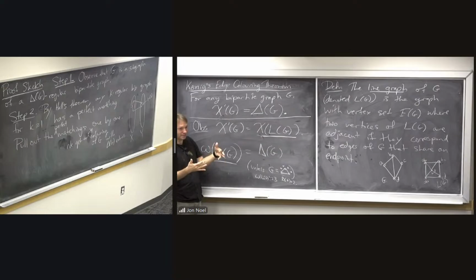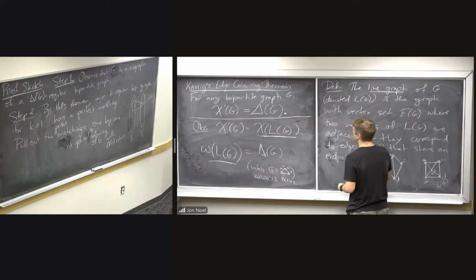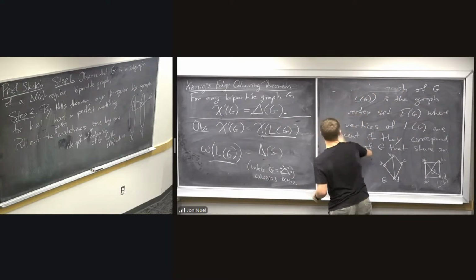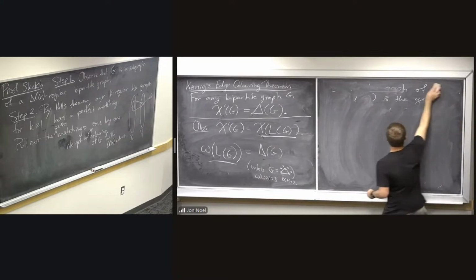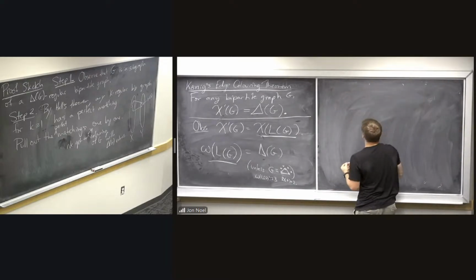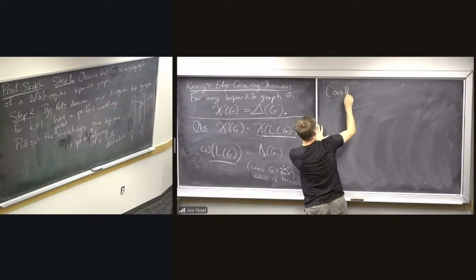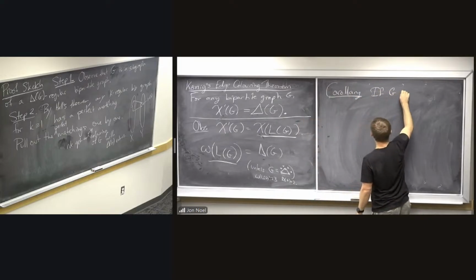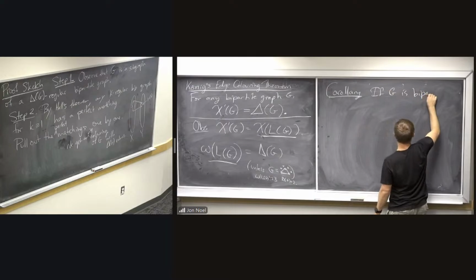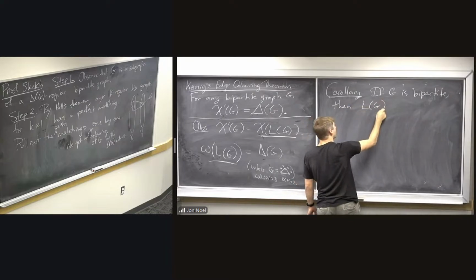So anyway, if you put this all together, a corollary of this theorem is that if G is bipartite, then the line graph of G is perfect.